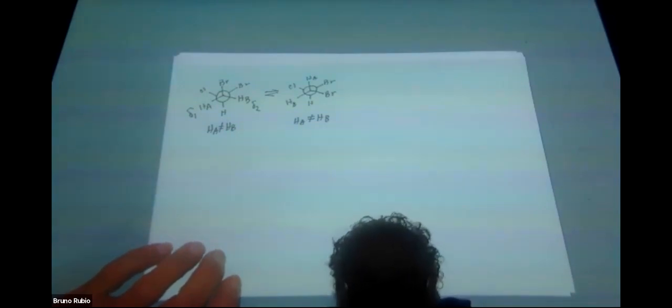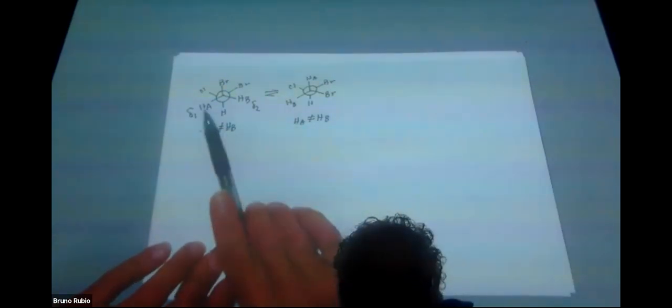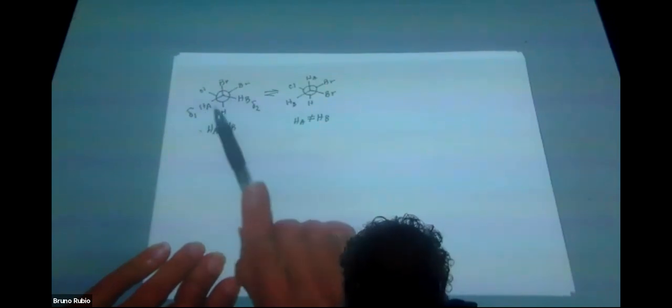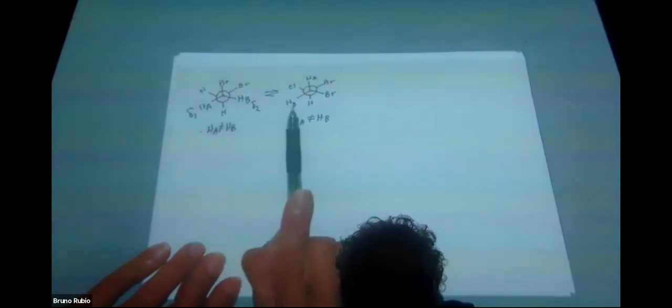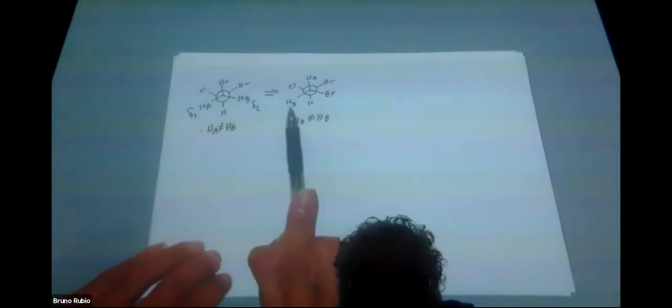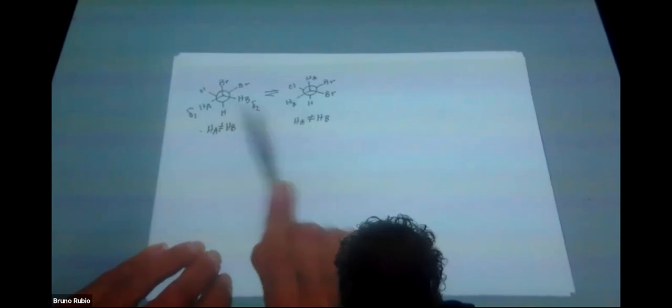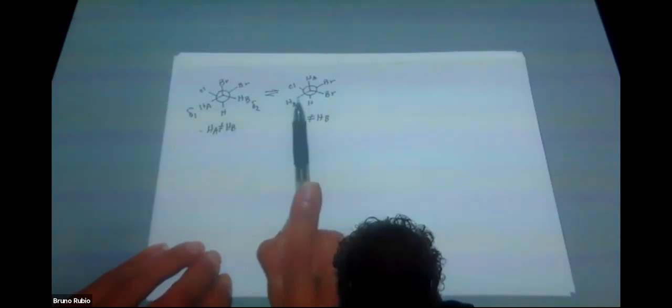And furthermore, just like we saw before, when a proton is at 8 o'clock in this conformation, it does not have the same chemical shift as when a proton is at 8 o'clock in this conformation, because this is a different chemical environment, and these two conformations would be distinguishable.